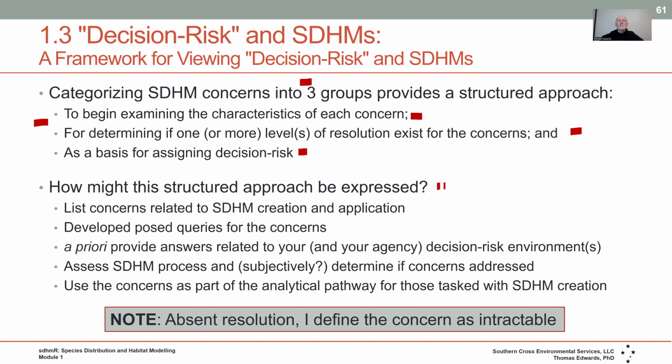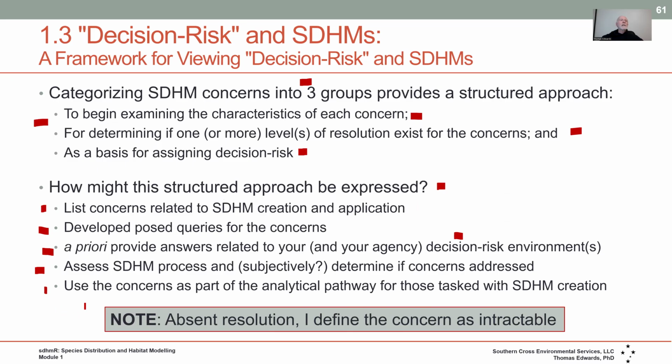So how do we possibly go about expressing this? List the concerns, develop posed queries, and a priori provide answers to your decision risk environments. Assess the process you've done and determine if the concerns were addressed and use these concerns as part of the analytical pathway.